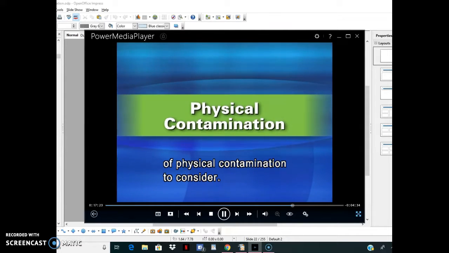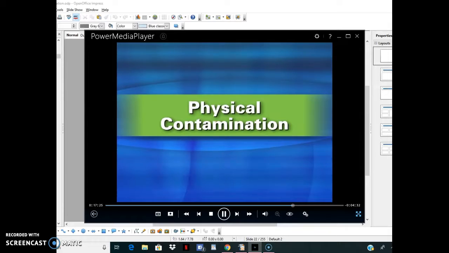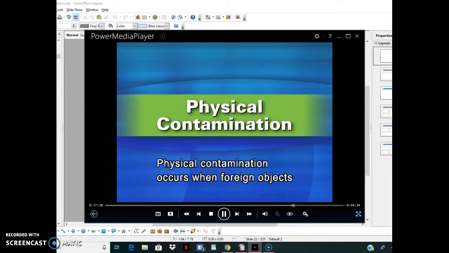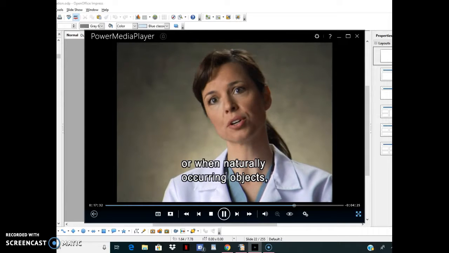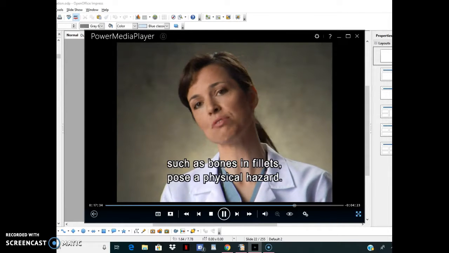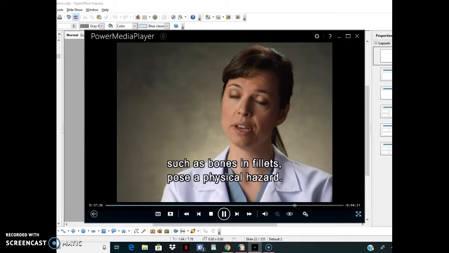There's also the risk of physical contamination to consider. Physical contamination occurs when foreign objects are accidentally introduced into food, or when naturally occurring objects such as bones and fillets pose a physical hazard.